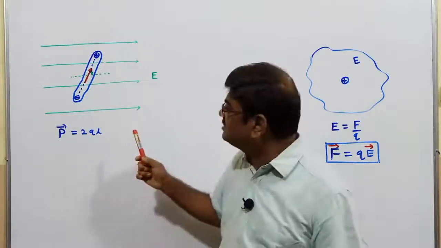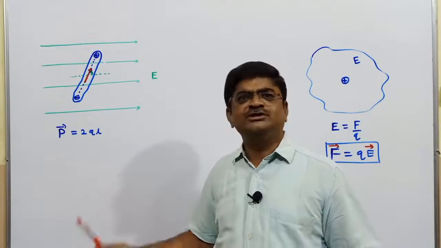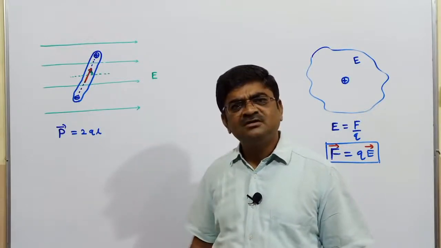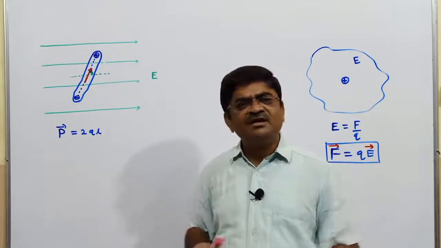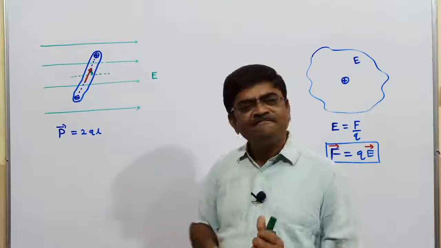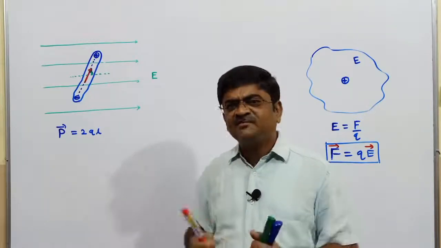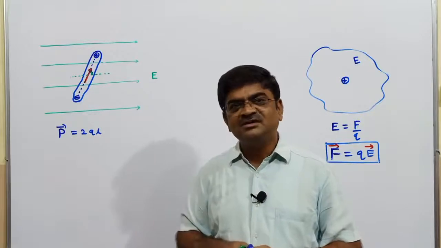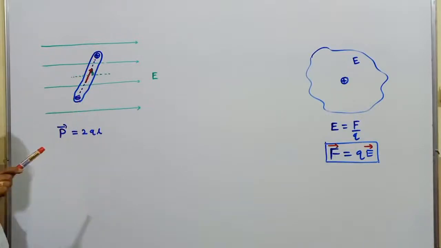I have mentioned that the dipole is in an electric field which is of uniform nature, which simply means that everywhere it has the same magnitude and direction. So naturally, by having that information, I can work out the force. See here, a dipole basically consists of a positive charge and a negative charge.